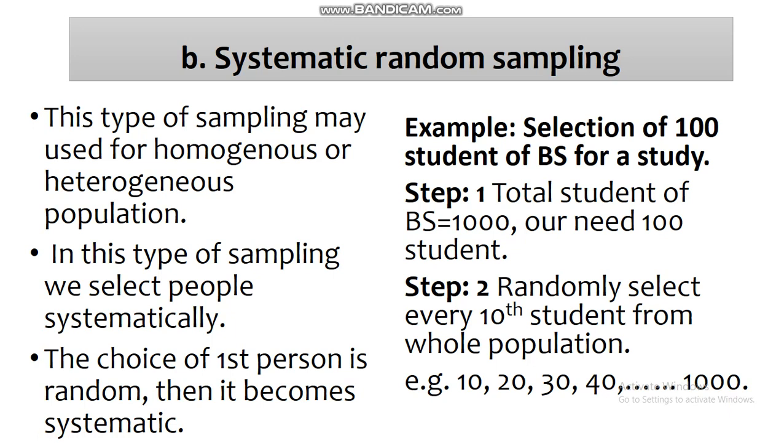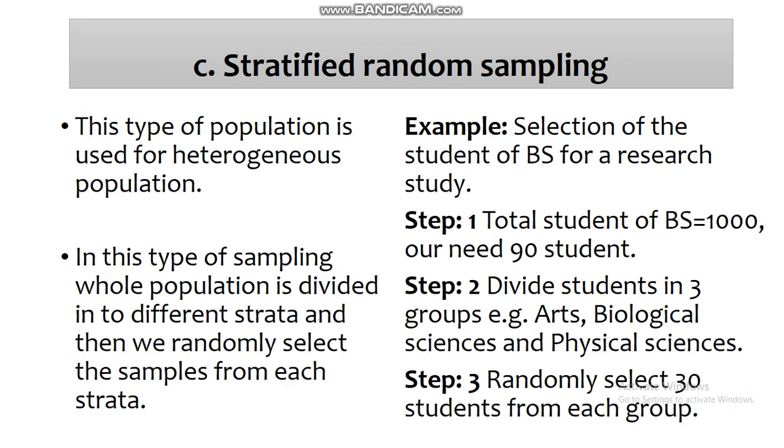Every student has an equal chance of selection, but in a systematic way. Now the third and most important method is stratified random sampling.